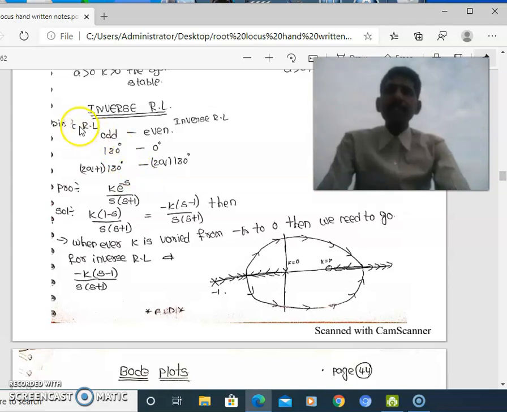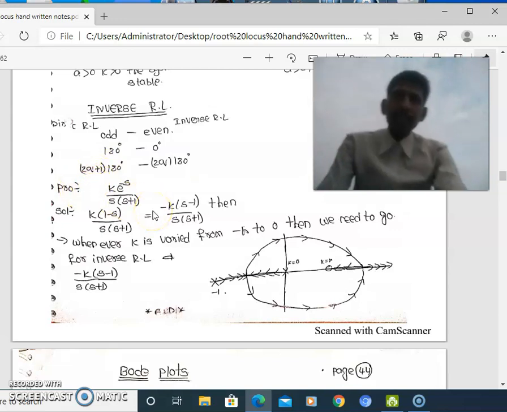The difference is in the direct root locus, we will be finding the angle of asymptotes as 2q plus 1 into 180 degrees, whereas for inverse root locus, 2q into 180 degrees. For even numbers we take 2q, for odd numbers 2q plus 1. That is the only difference between the direct root locus and inverse root locus.